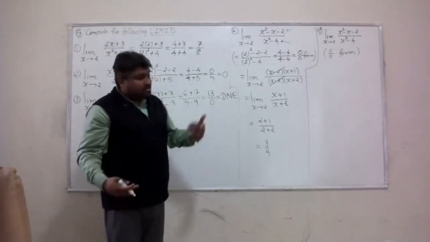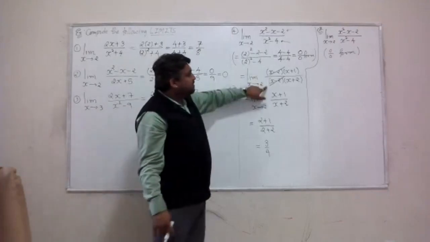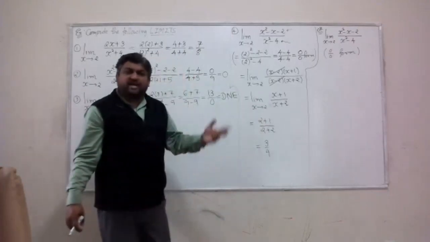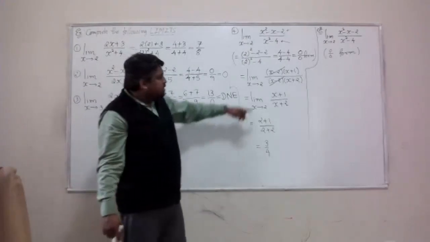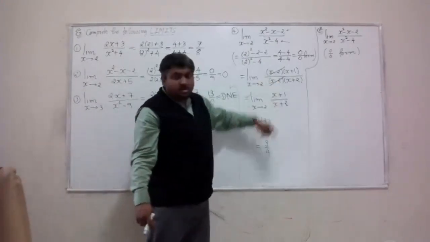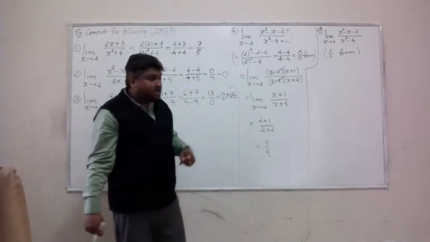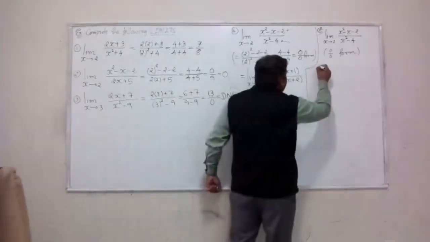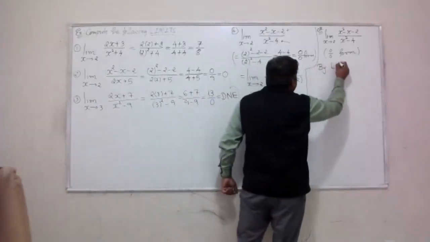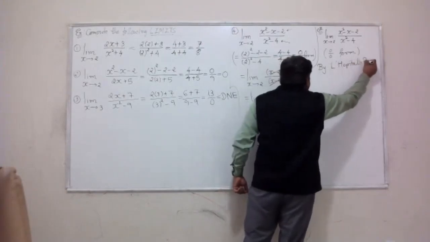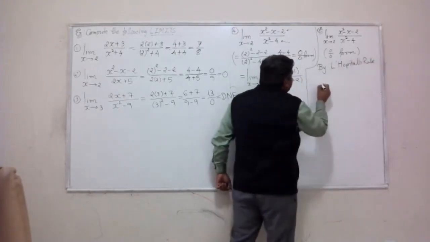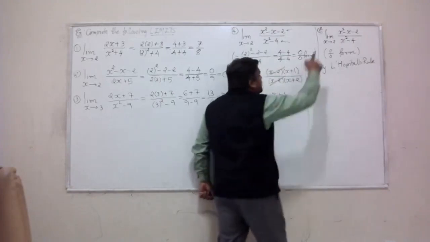Right? Now, instead of using the traditional factorization technique, I would like to use L'Hopital's rule to get rid of 0 from the top and the bottom. All right? Let's do that. By L'Hopital's rule, we can say the following.